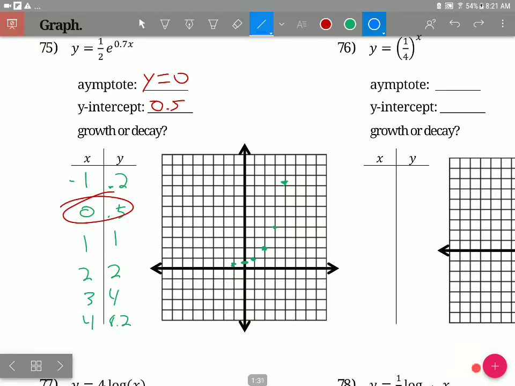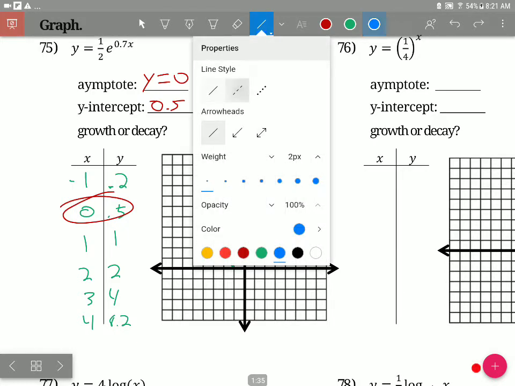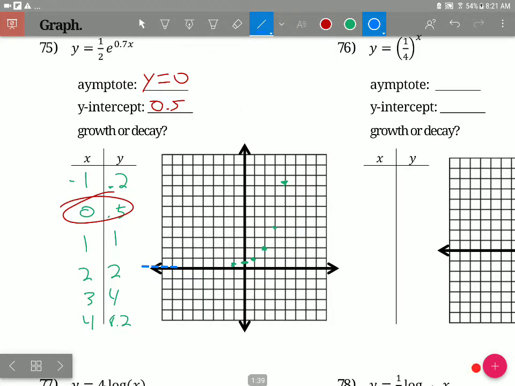I want a dashed line, and blue is fine. There's your dashed line, there's your asymptote. And so this goes like this, whoop, like that. Done. And it's a growth function because it's going up.